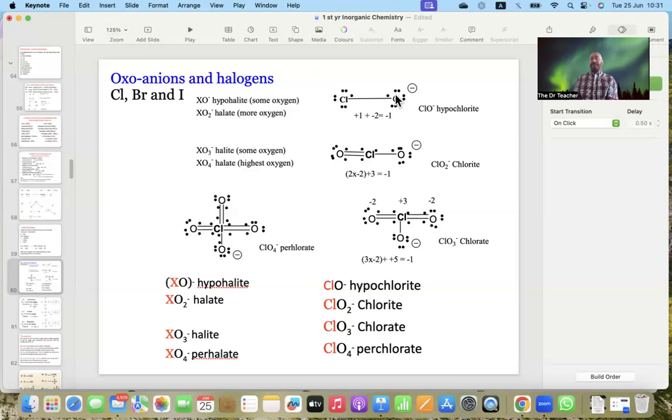Oxygen at the end is 2s2, 2p4. So it's 6 electrons. And here we have 7 electrons. They combine together, so 1 single electron with a single electron will form the bond. And here the minus is the overall charge.